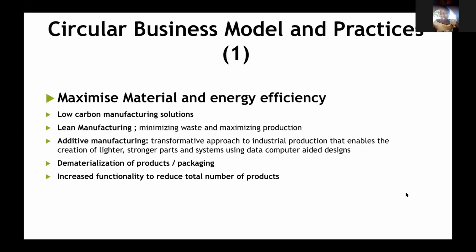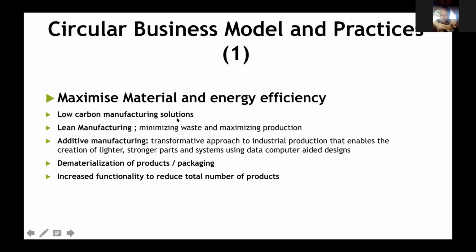And I decided to choose the 4 of them, given what is widely used and what has most impact in the most common industries that we have. So it's all about maximizing material and energy efficiency. You have to think about the low carbon manufacturing solution.